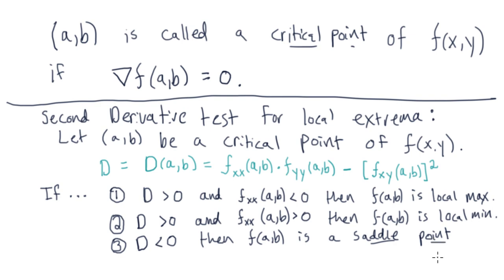Specifically, it's not a local max or a local min. Similarly to a saddle point in a function of one variable, it looks like a saddle, and you should look up a picture of what a saddle point is. It typically means in one direction we have a local max, and in the other direction we have a local min. So we have some sort of inconsistency there.